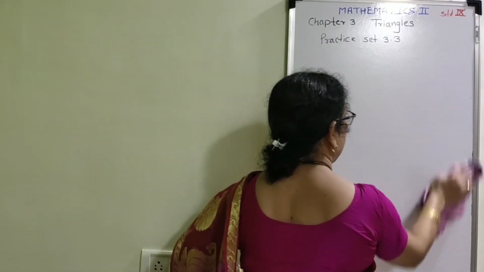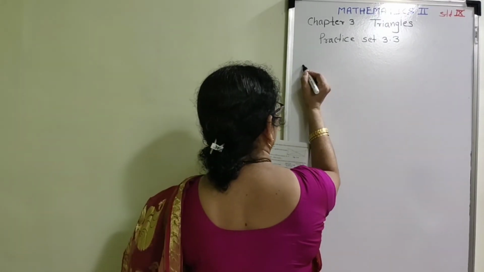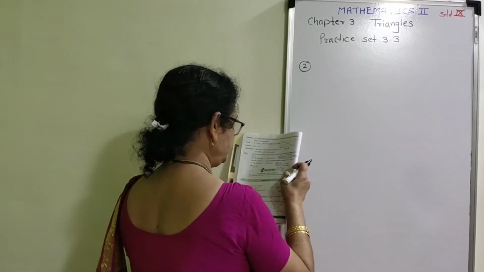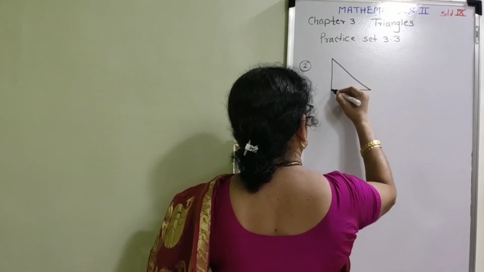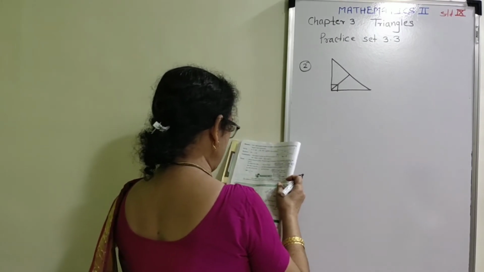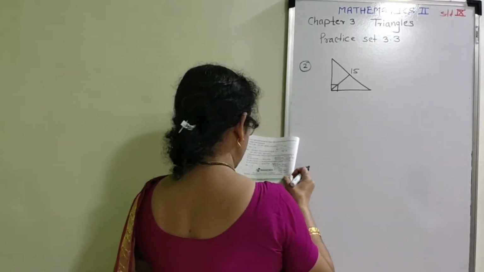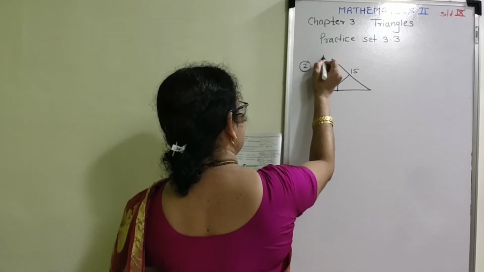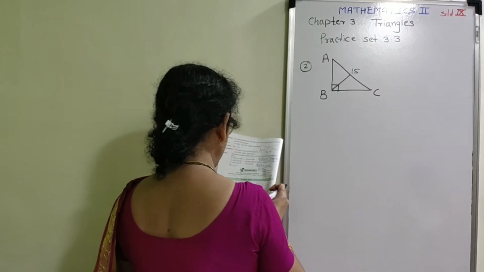Now I am going to complete example number 2 from the same practice set. Second example, a right angle triangle is given, that the length of the hypotenuse of a right angle triangle is 15 and suppose this is triangle A, B and C where angle B is 90 degrees.